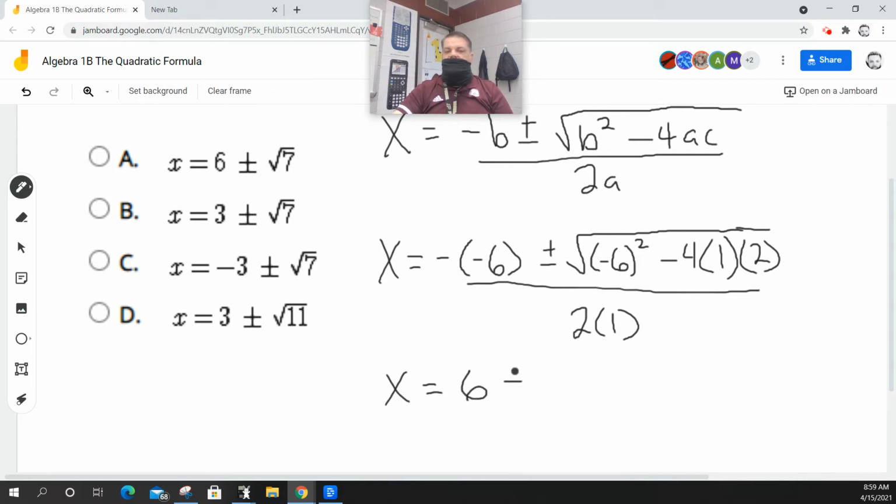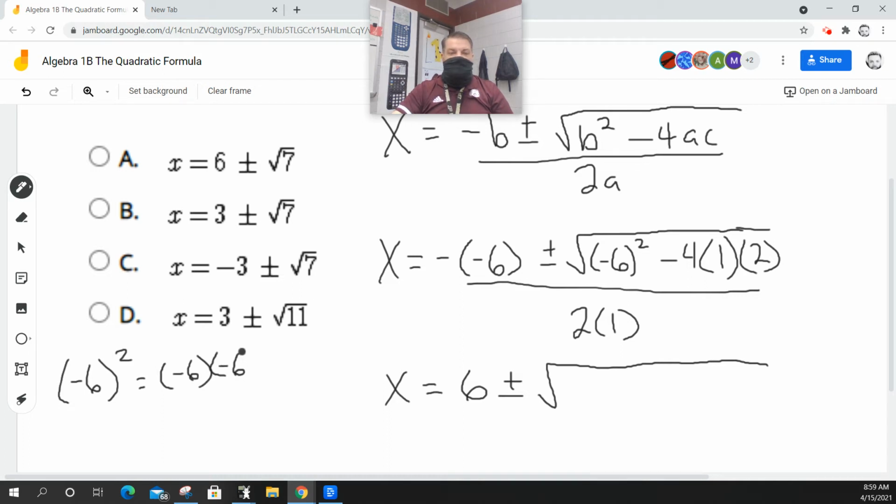Positive. So that becomes +6. Plus or minus, what is -6 squared? Okay, I heard somebody say negative and somebody said 36. Is it -36 or positive? It's not negative though, right? So look at this. -6 squared is the same as -6 times -6.